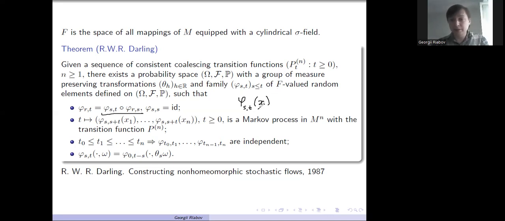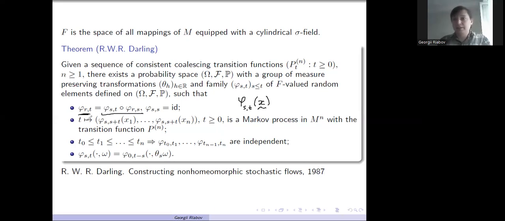Here, instead of x we substitute phi rs of x. So we substitute a random element into a non-measurable random process, but still we get a random element because of the flow property.